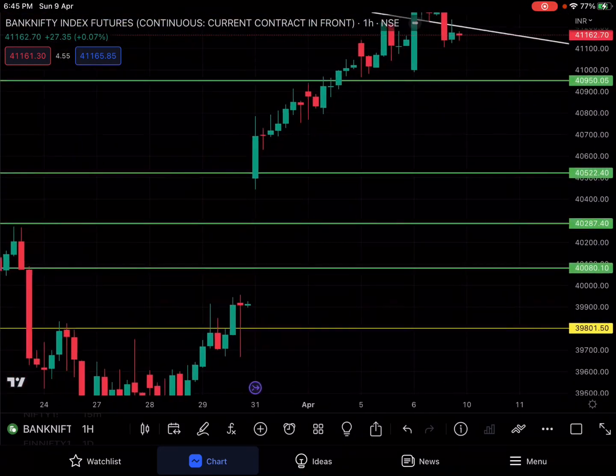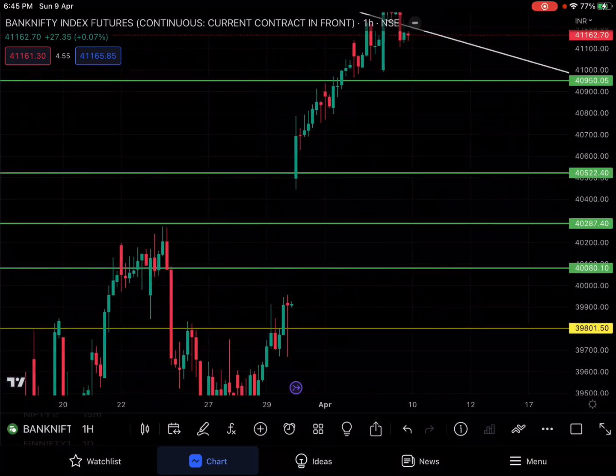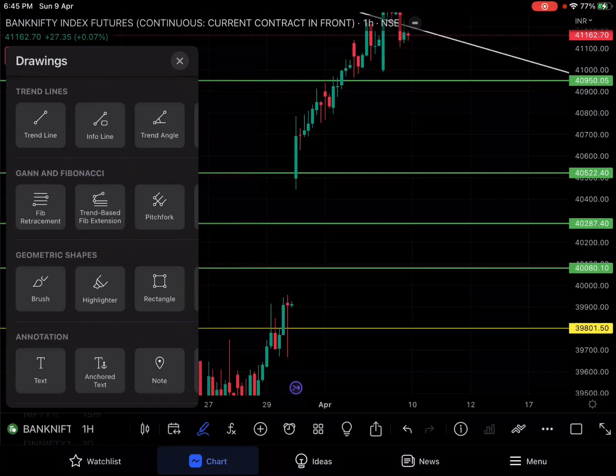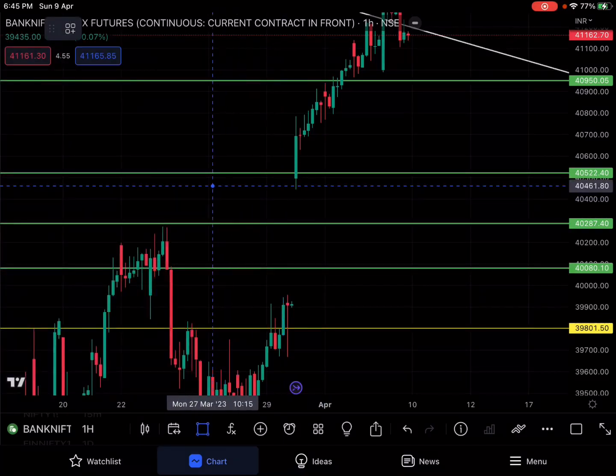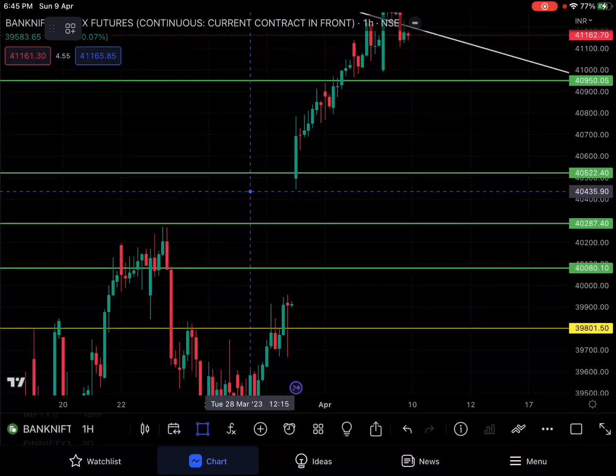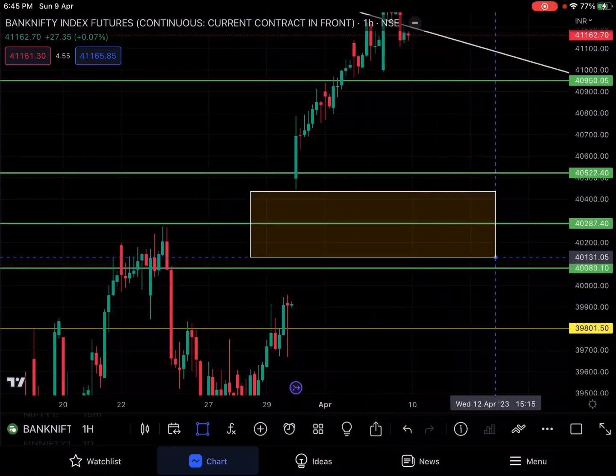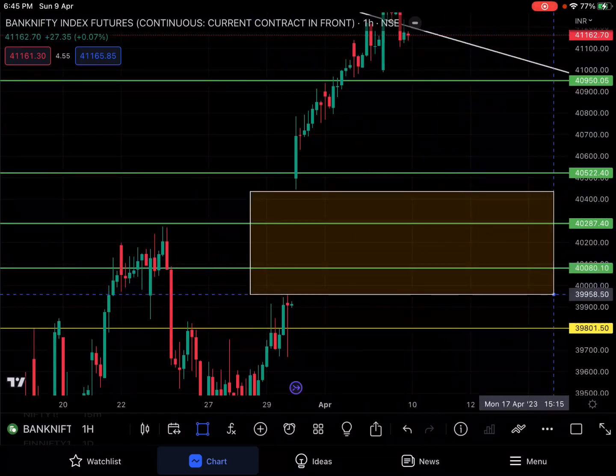Something important to note is that there was a huge gap up on which the market opened, which we need to fill ideally, because we know the market fills all the gaps and then only moves past it. So this is the gap that still needs filling.